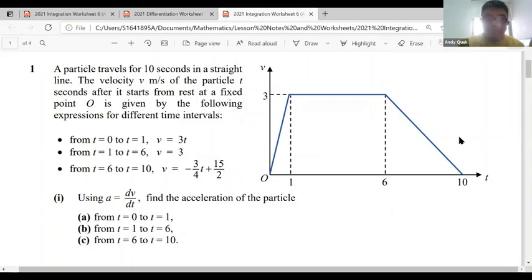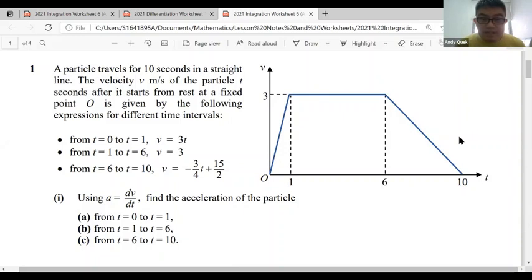The slight difference in this case is that typically we are not focusing so much on how v is related to t for EMAF, but here the equations are given for the 3 time intervals.